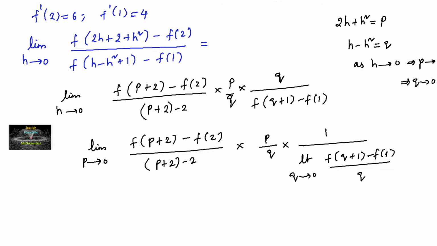In the next step, [f(p + 2) - f(2)] divided by [(p + 2) - 2] is nothing but f'(2). This is f'(2) into p upon q, where p is 2h + h².